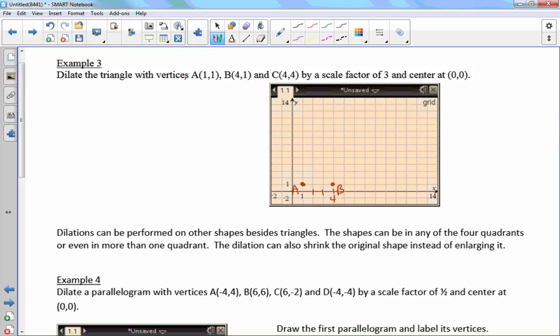And label it B. It's really nice when sides are perfectly horizontal or perfectly vertical from each other. When you get to diagonals, you have to go into Pythagorean theorem or distance formula a little bit. C is 4, 4. 1, 2, 3, 4. And then connect them so you have a triangle.